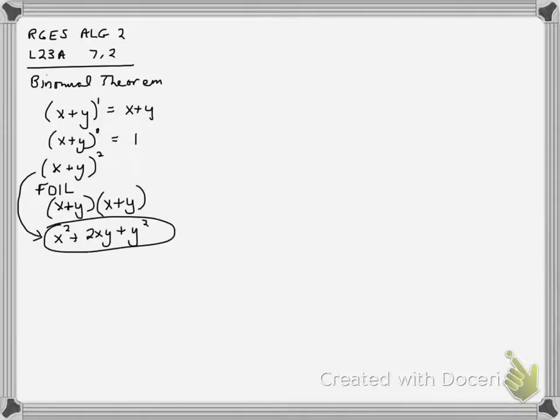Now we are going to learn a pattern for how to do x plus y to the third power, to the fourth power, to the fifth power, to the sixth power. And this is how it works. Our first term will be just x to the third power. Our last term will be just y to the third power.